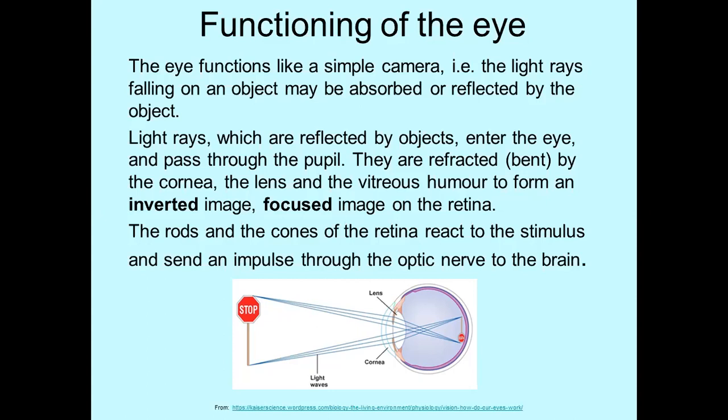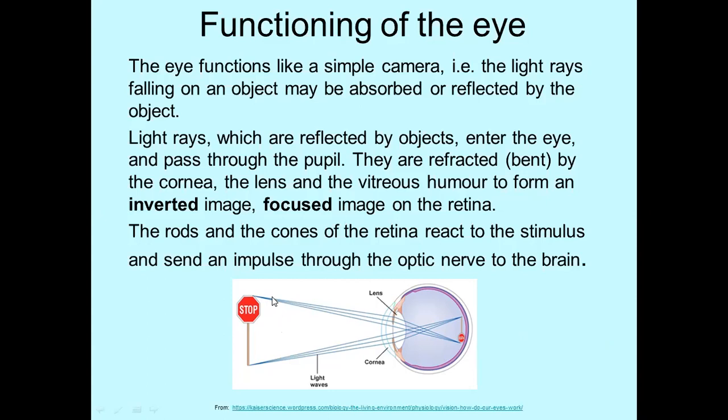And the vitreous humor is jelly-like, so that also refracts the light rays. And what happens is an inverted image. This image that falls on the retina here is actually an upside-down image. But if the eyes function correctly, it'll be a focused image. So it's there, it's upside down, it's focused, and it falls on the retina. So the rods and the cones of the retina react to the stimulus and they send impulses through the optic nerve to the brain. Okay.